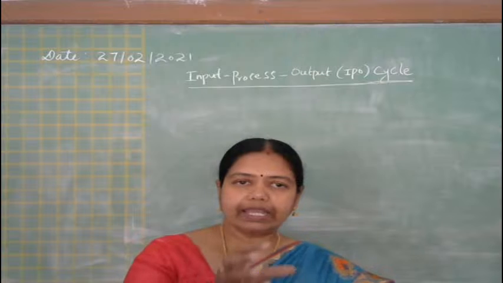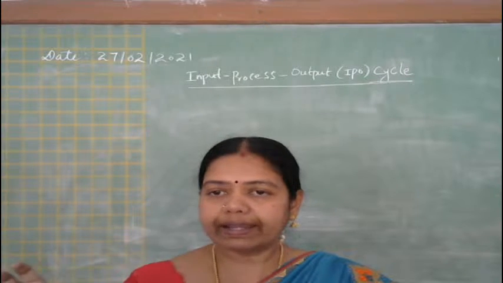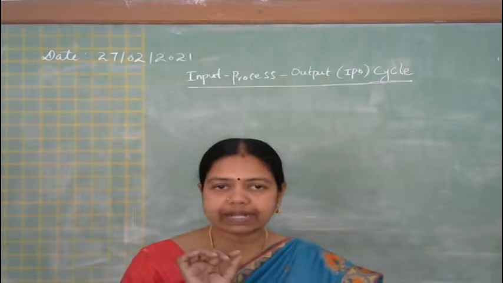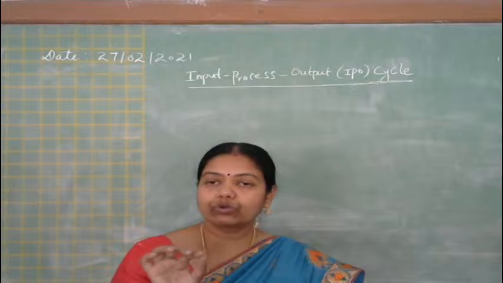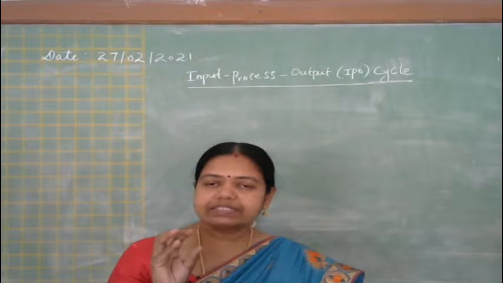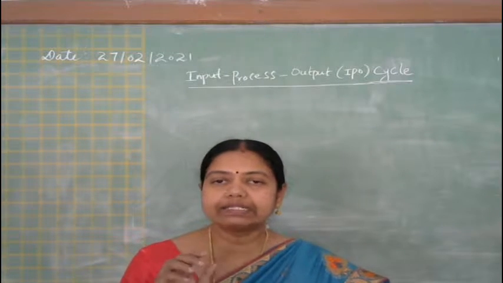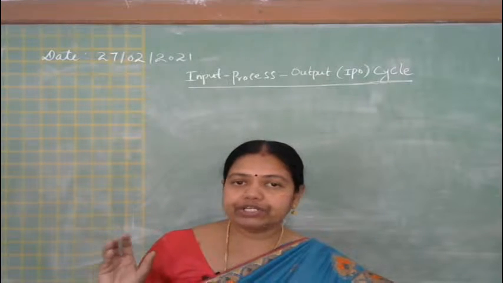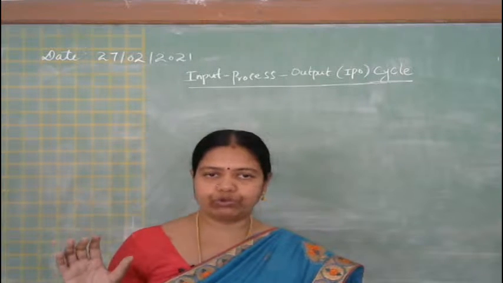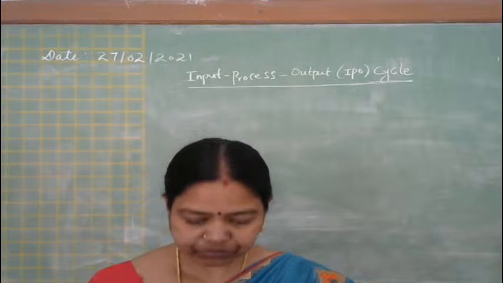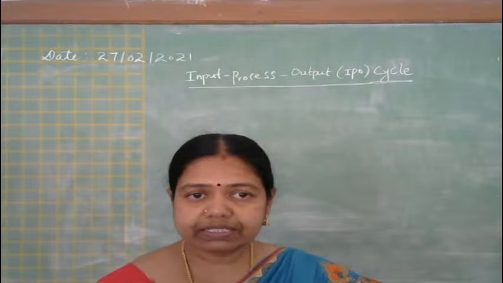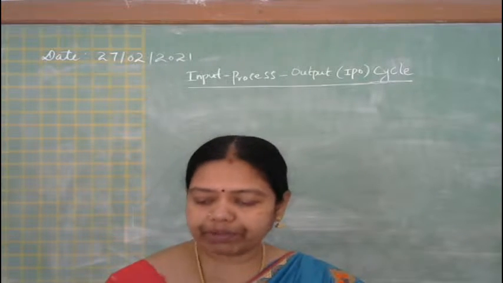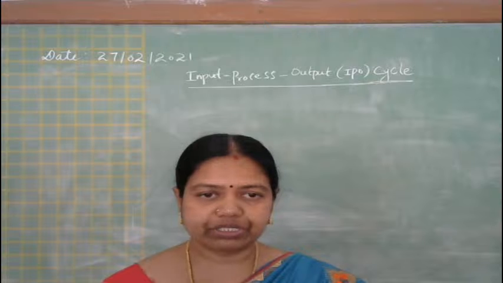So this is the input, process and output. Input is rice, then cooking for 5 or 10 minutes, that duration is called the processing time. After that your rice is ready to eat. That is the output. Clear, children? So this is the IPO cycle of a particular machine.